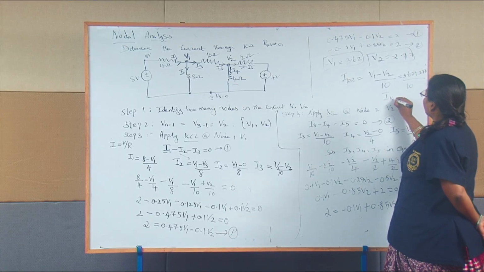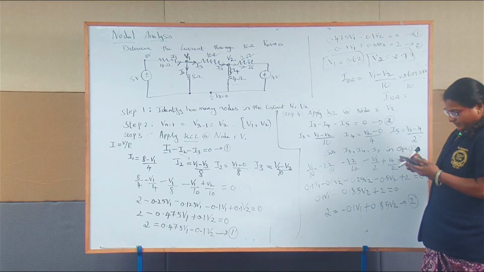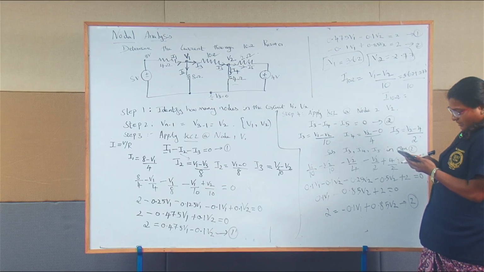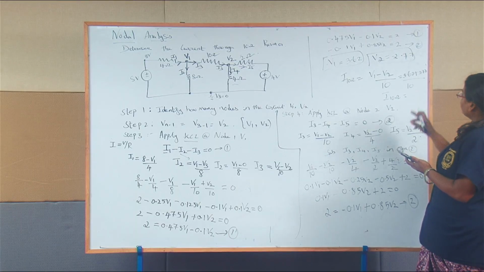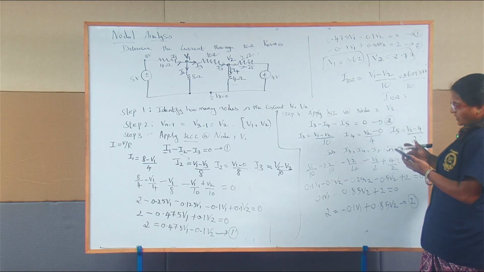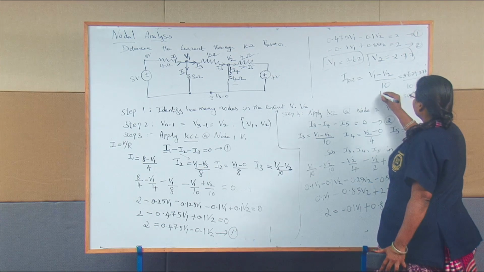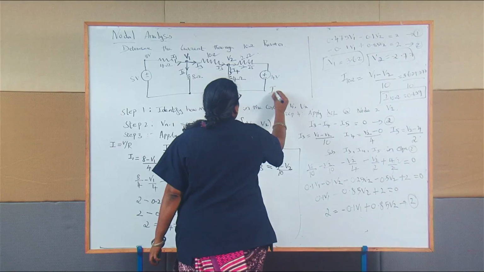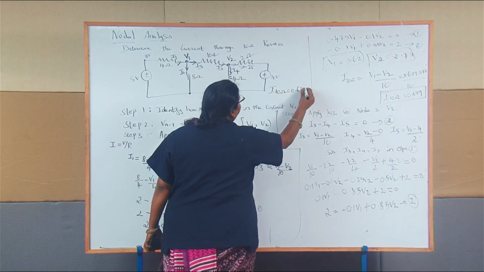The current flowing through the 10 ohm resistor is 3.62 plus 2.77 divided by 10, which is 0.639. So the current flowing through the 10 ohm resistor is 0.639.